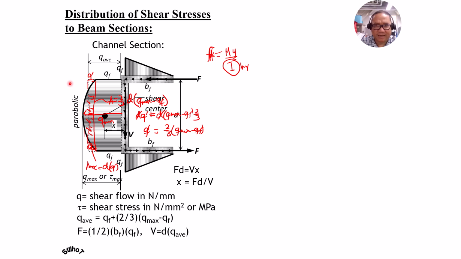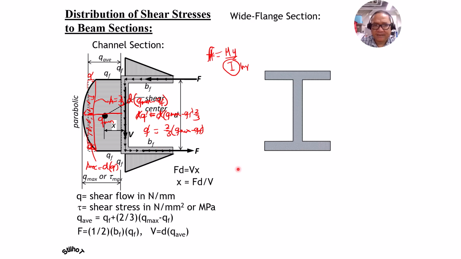You just equate the moment of this vertical shear about the shear center to the moment developed by these two F's here. So for the wide flange section, on the other hand, this would be the resulting shear stress diagram or shear flow diagram. Maximum at the neutral axis again.